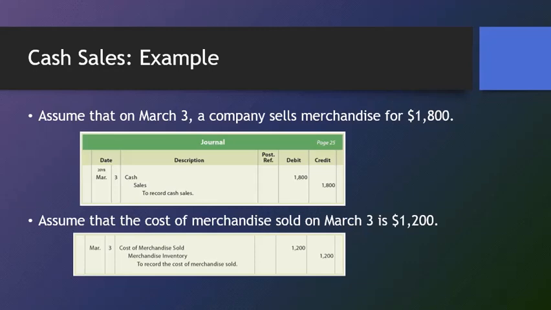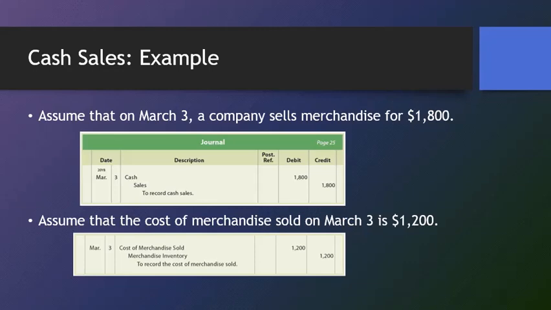We're always going to have two pieces to the journal entry. The first piece is to record the asset, that's going to be the cash or the receivable, and also the sales revenue. And then the second entry is going to record the cost associated with what we sold, and it's also going to relieve the inventory account on the balance sheet, okay?